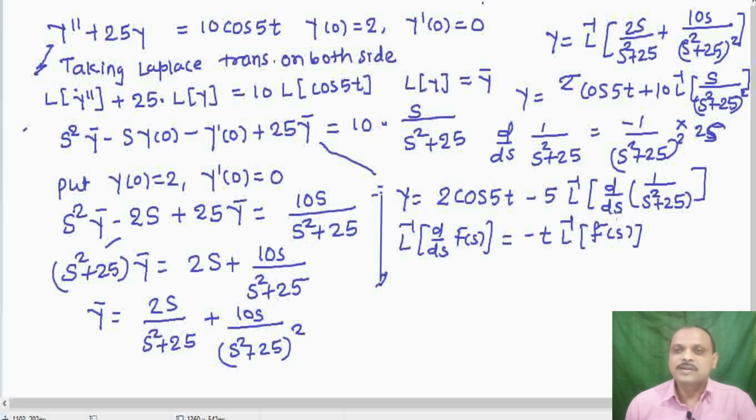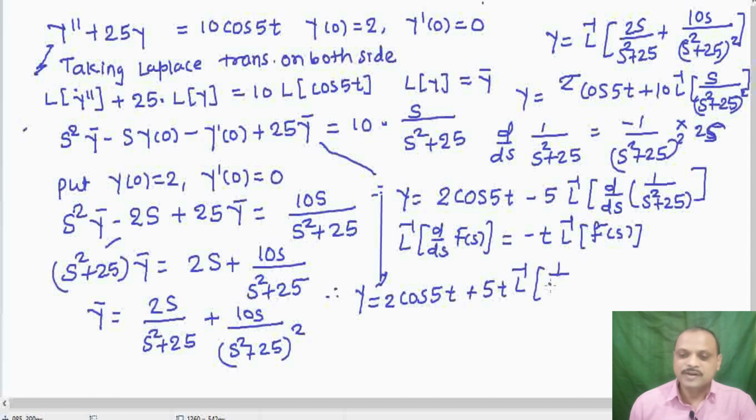We have to multiply by minus t, so what we get here is y equal to 2 into cos of 5t, minus becomes plus, 5t into L inverse of 1 divided by s square plus 25, and this is t. Okay, so here this is 1 by 5.